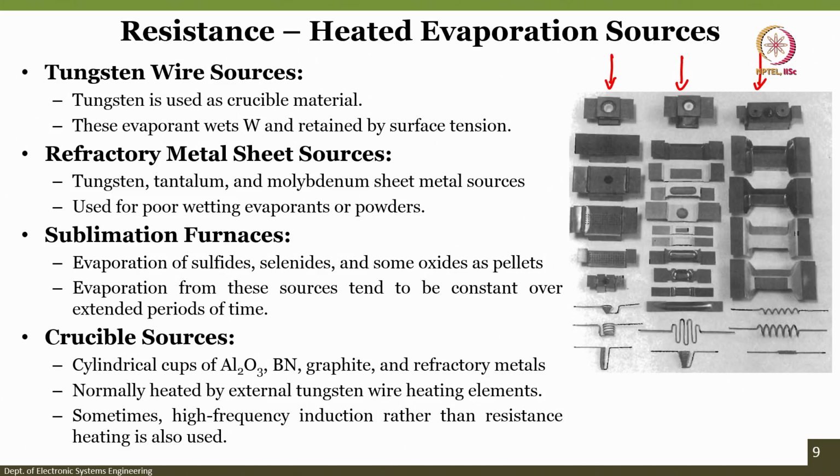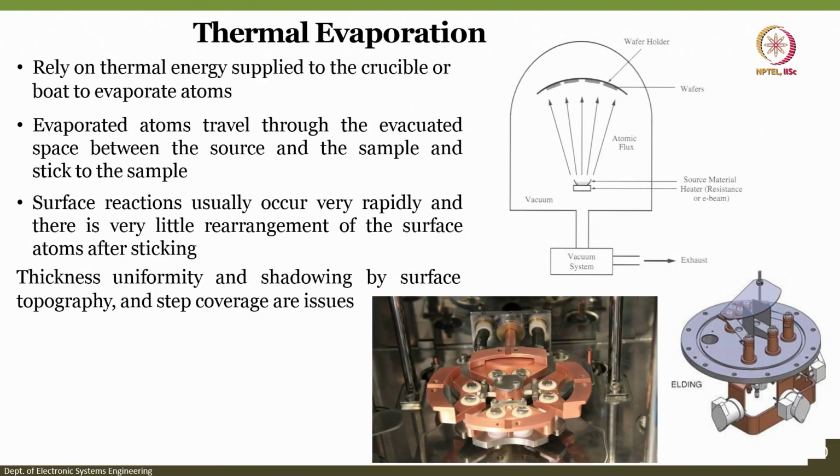Then there are crucible sources, generally cylindrical cups of Al2O3, BN, graphite and refractory metals, normally heated by external tungsten wire, and sometimes high frequency induction rather than resistance heating is also used for such sources.